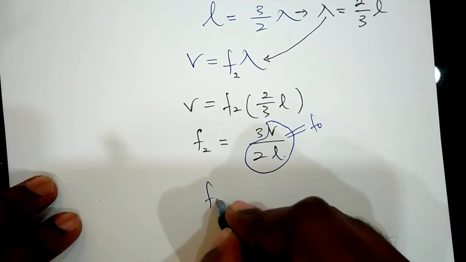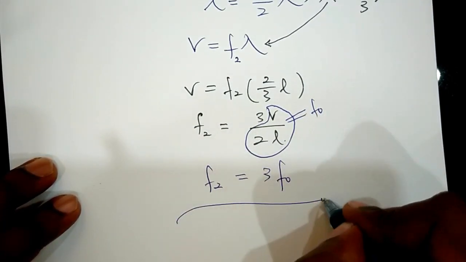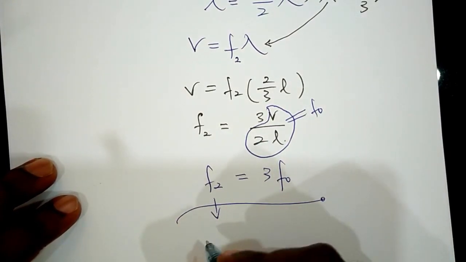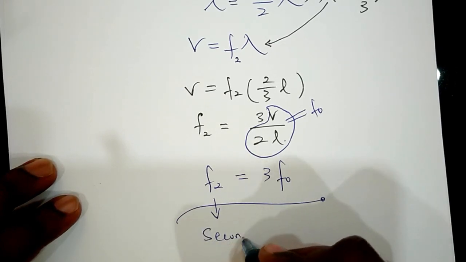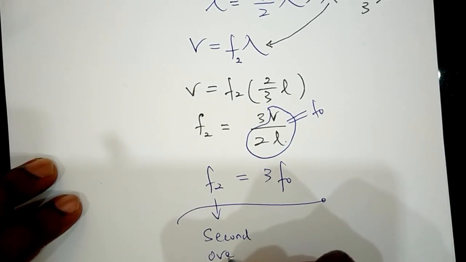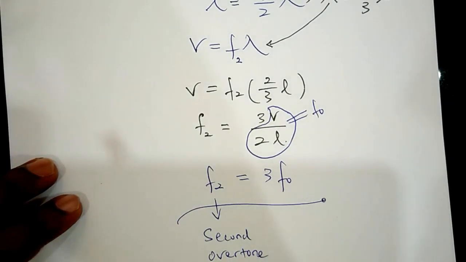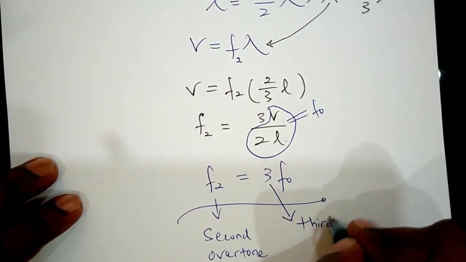So F2 equals 3F naught. This is the second overtone. For the third harmonic.